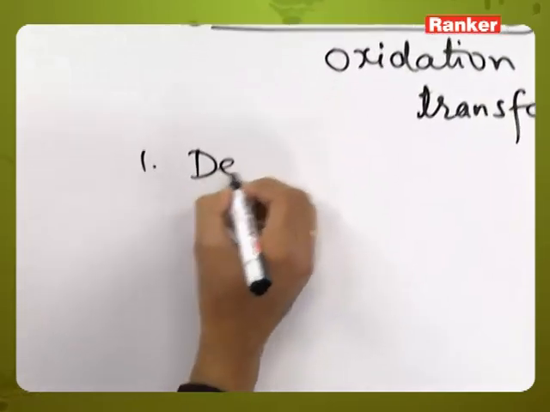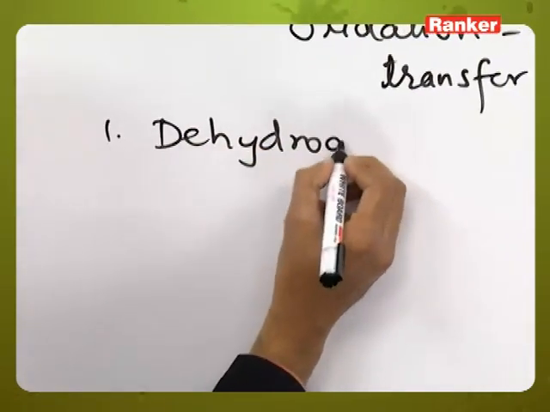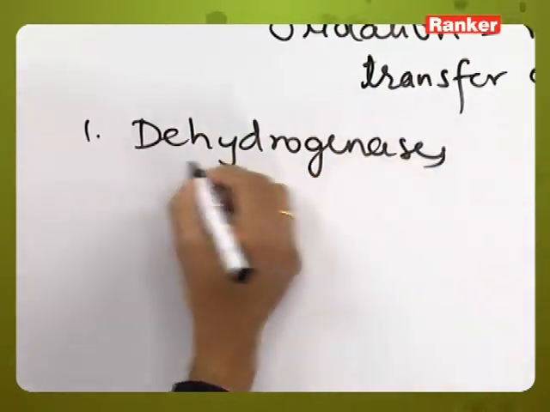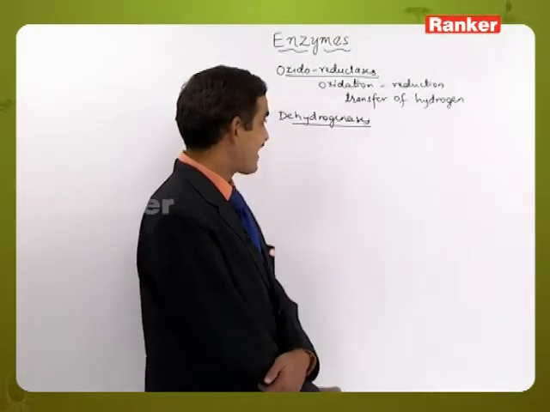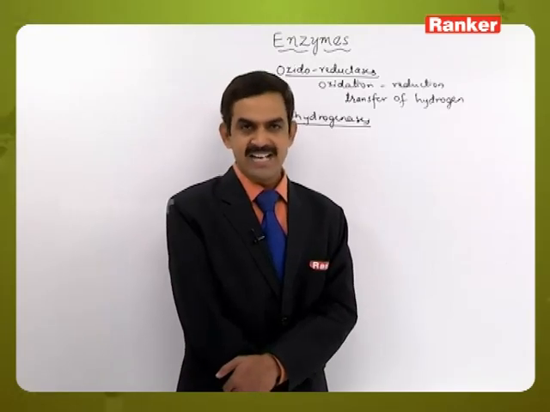The first one is dehydrogenases. These are the ones in which the hydrogen is transferred from substrate to the NAD molecule.